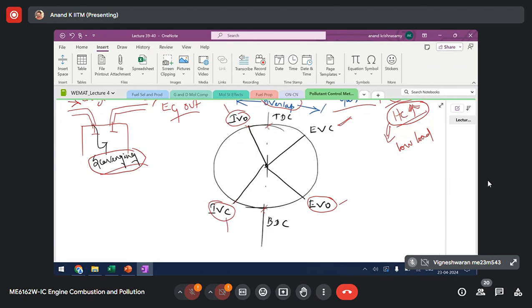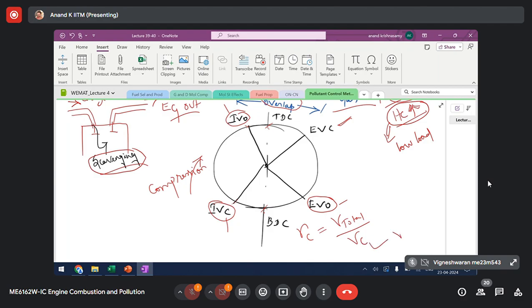IVC is intake valve closure timing. What is this process? After the intake valve is closed, what is the process happening in the engine? Compression. Yeah. So you are compressing the charge. When you look at how you calculate compression ratio, it is based on total volume divided by clearance volume.